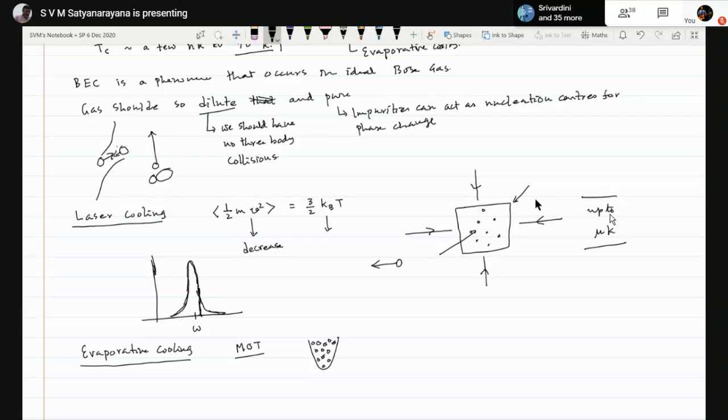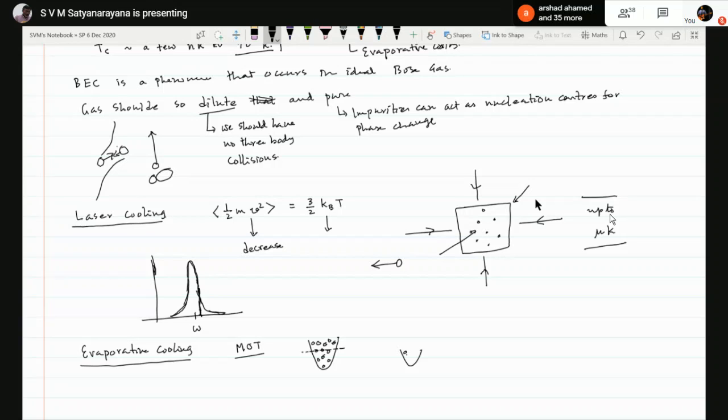It's called magneto-optic trap. Now you trap this, and then you suddenly reduce the height of this potential well. Then what happens? All these particles which are there just escape.